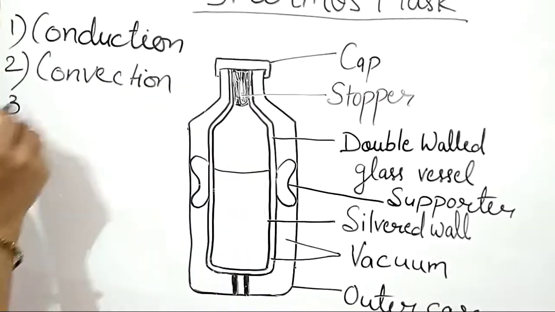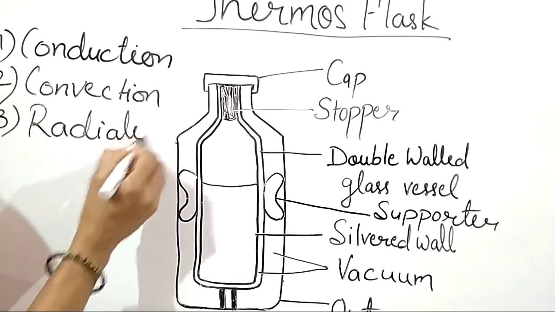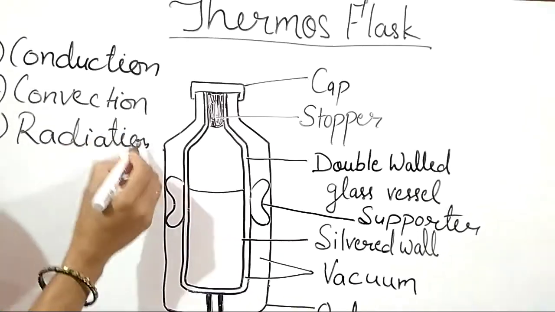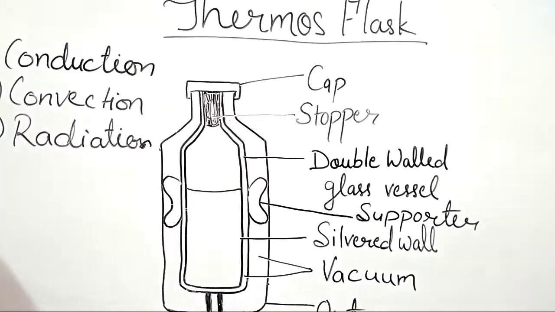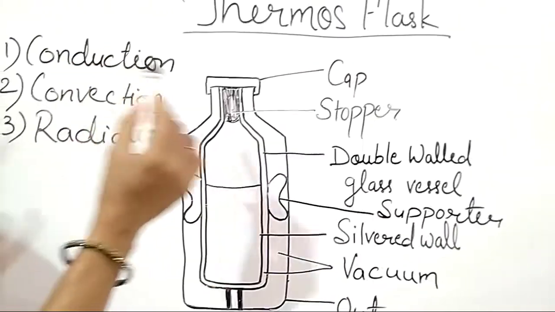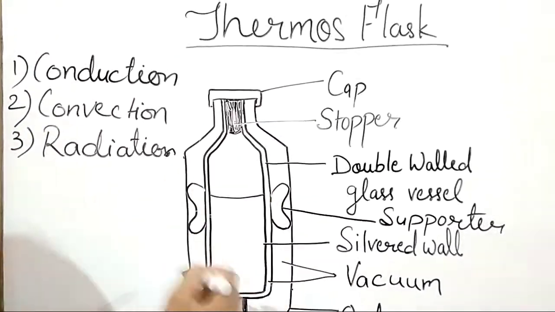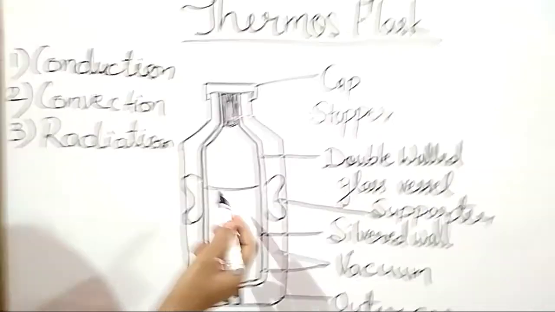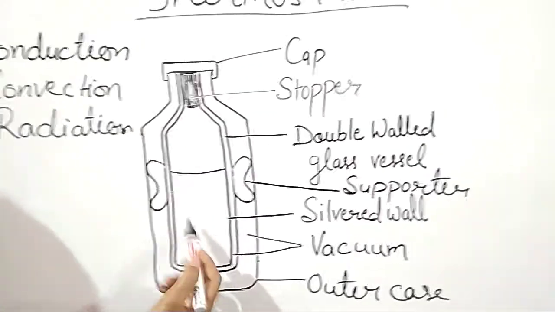And third one is radiation. So this bottle works on these three methods of heat transfer. Actually, we need to minimize these three processes in this bottle. Then we can keep cold water cold and hot tea hot.